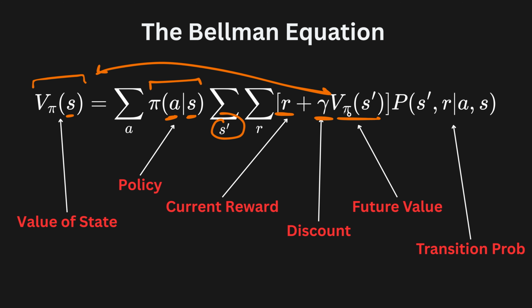And this is what makes it recursive. The value of the current state is a sum of the reward I got for the action I took, plus the discounted values of the future state. And that's what makes it really cool and recursive.